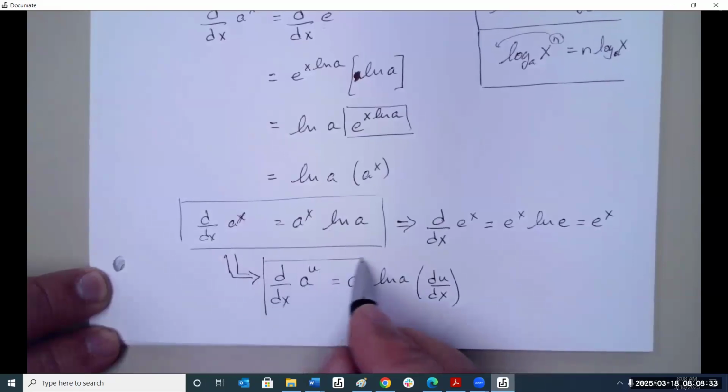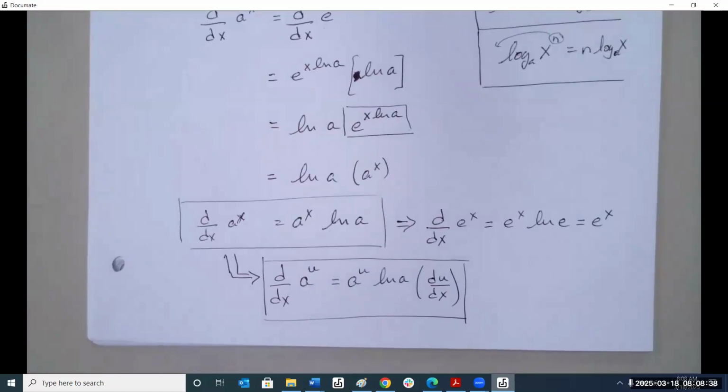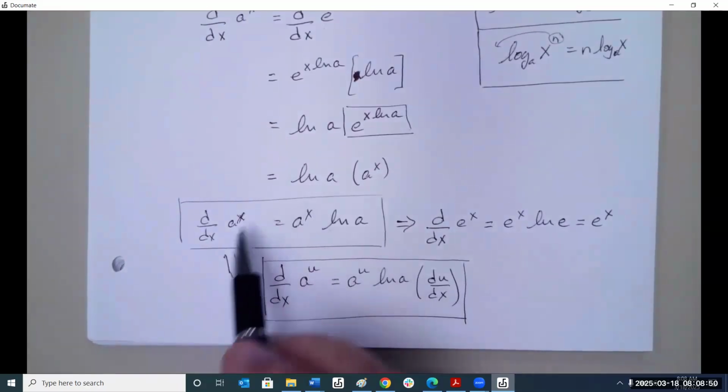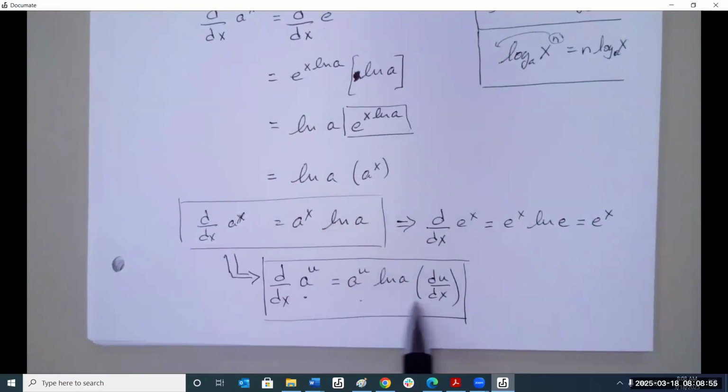This is a general formula. So in this section, we're taking the derivatives of a to the power u, and we end up with this. Later on, we're going to do the ln function.